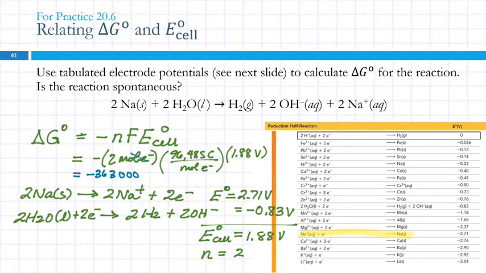The moles of electrons cancel, and we end up with a unit here of coulombs times volt. Let's see if that's anywhere convenient.